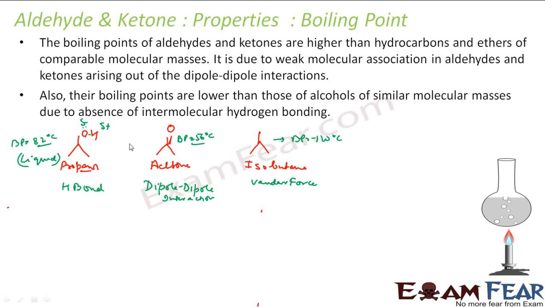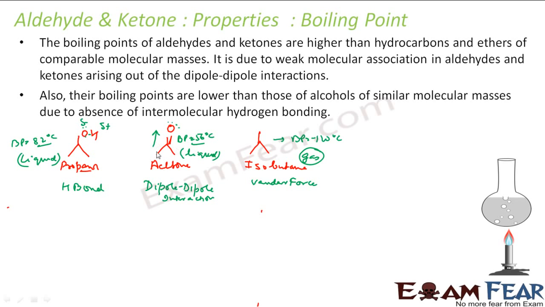Correct. If you see acetone, it has a little lower boiling point, still a liquid. And this is a gas. So the molecular mass is almost comparable, but because of the hydrogen bond or dipole-dipole interaction, this is on this side, because overall it has more electronegativity, so it has a dipole in this direction.